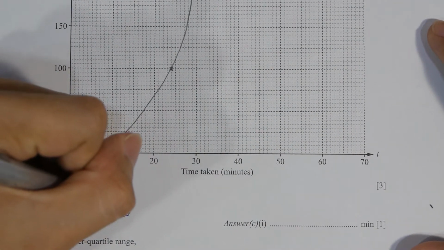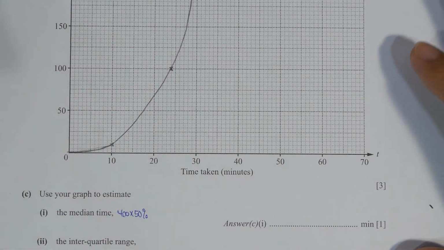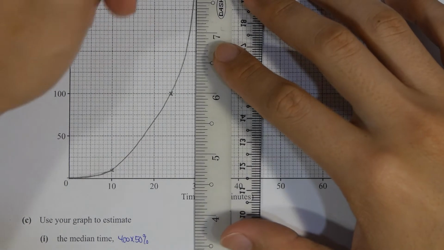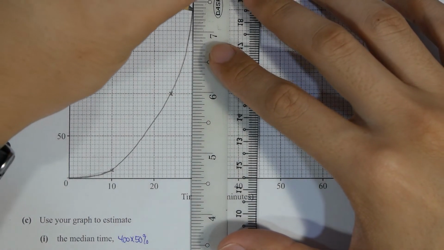The median time will actually be 400 times 50% equals to 200. Then from 200 we draw it down, then we get 29 minutes.